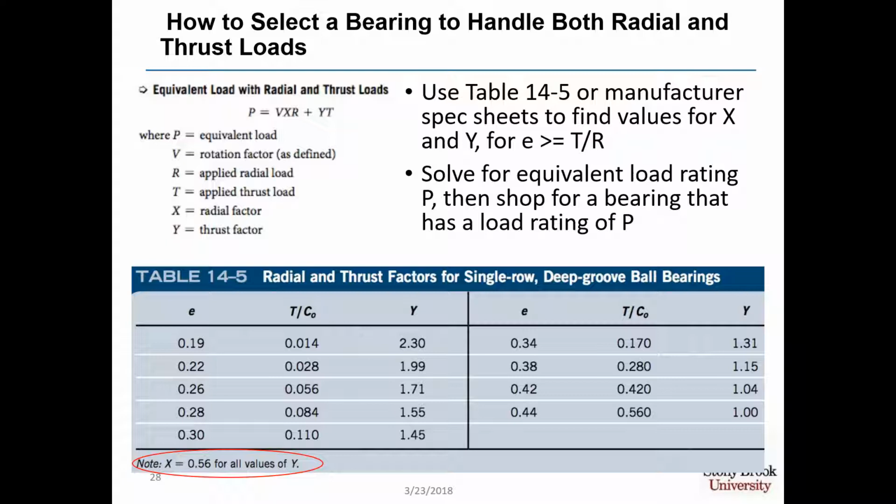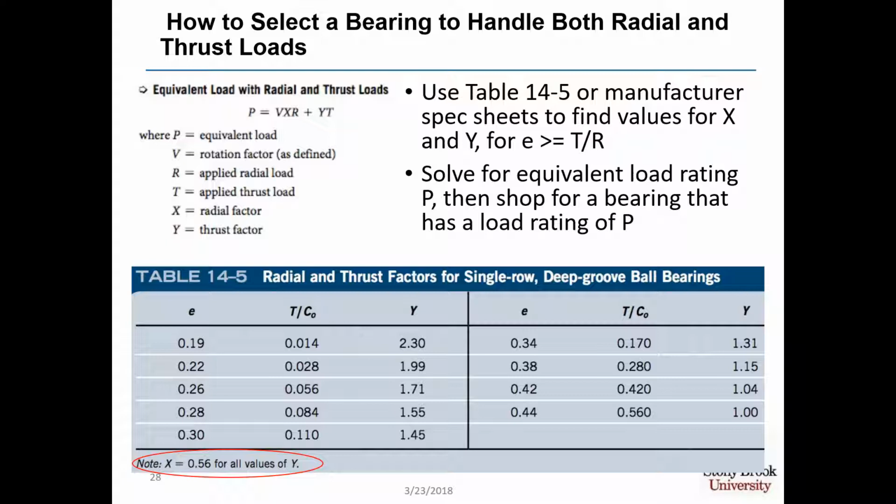And we have a table 14-5 in our book to find values for X and Y for when E, which is a factor here in this table, is greater than T divided by R. Now the thing you have to be careful about in this table we have in our book is that it's only applied for one factor X of 0.56 for all values of Y. When you actually go shopping for a bearing of this type online, you will find that there is a much larger amount of information because there's a lot more values of X, the radial factor, than just 0.56.